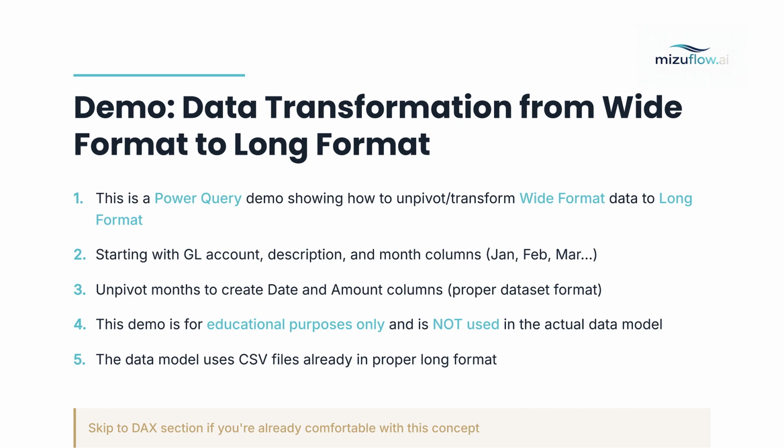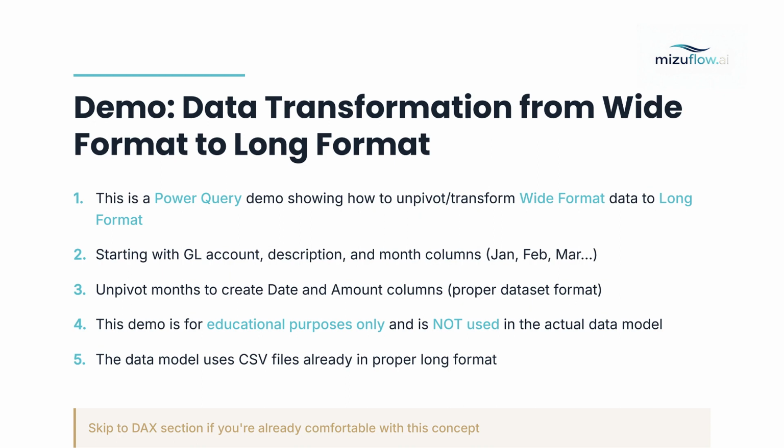Alright, so let's move on. Earlier I talked about how to transform a not so proper data set into something clean and usable. Let's actually walk through the process step by step, but before we start, a quick note. This section is just for demonstration purposes. The data we are transforming here isn't actually used in the model later on.